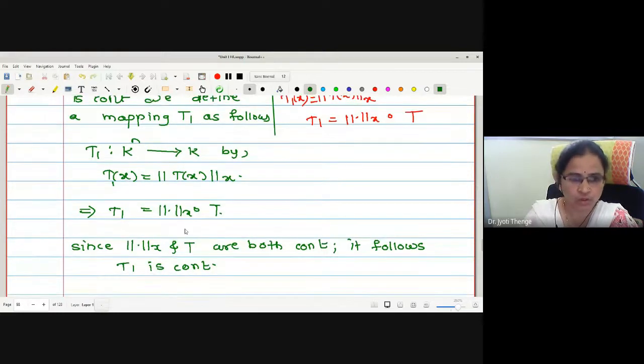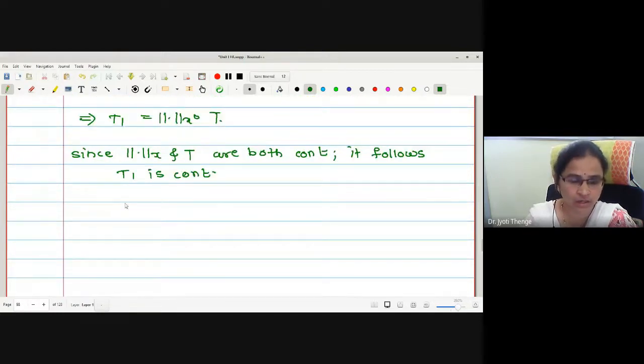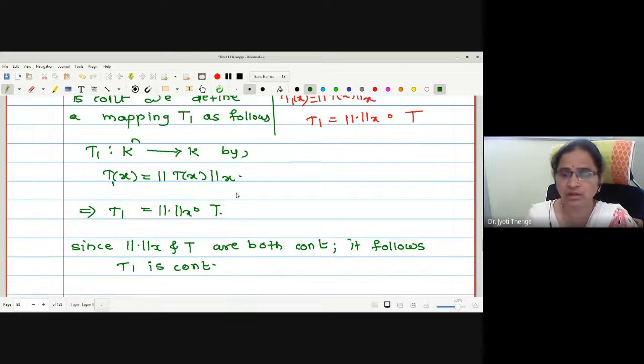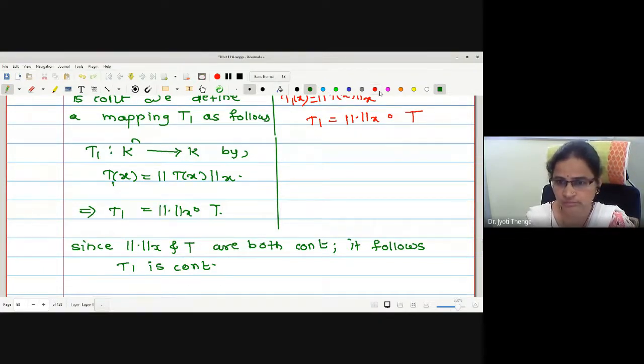Now I am going to consider the unit sphere of this domain Kn. Why am I considering this unit sphere? Because the unit sphere is closed and bounded, which means it is compact, and under continuity, what is the image of a compact set? T1 is a mapping from Kn to K, and it is continuous.